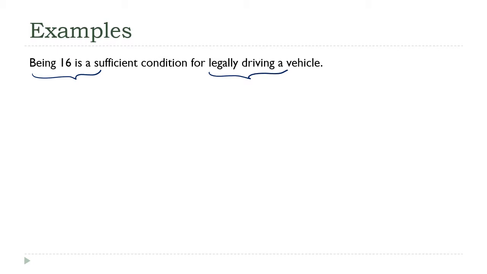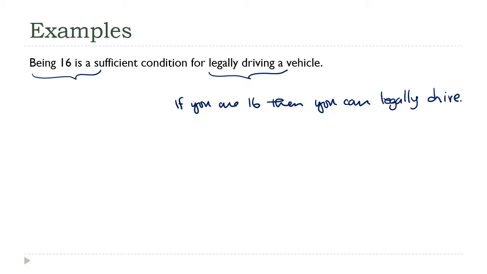It's possible that you may be able to drive under other circumstances, even if you aren't, but being 16 is guaranteed to put you in that category. So in other words, using the language of a conditional statement, if you are 16, then you can legally drive.